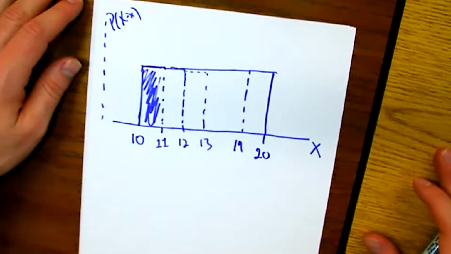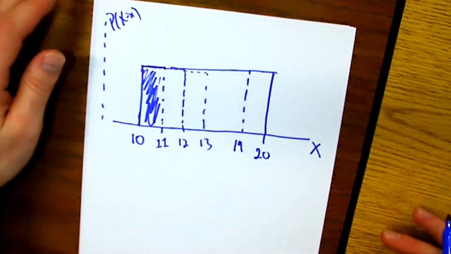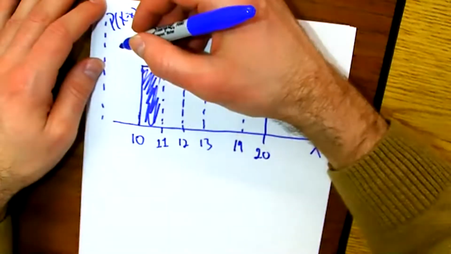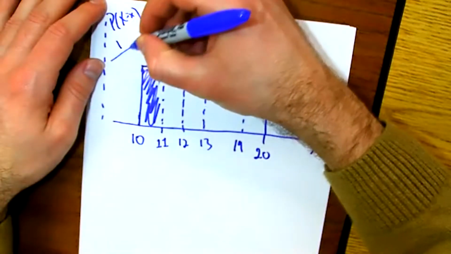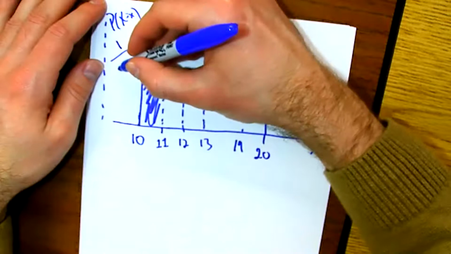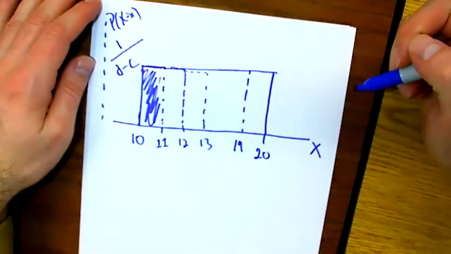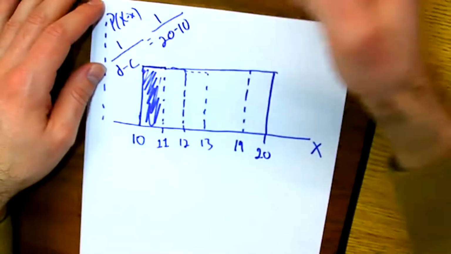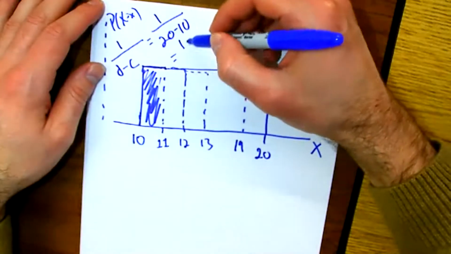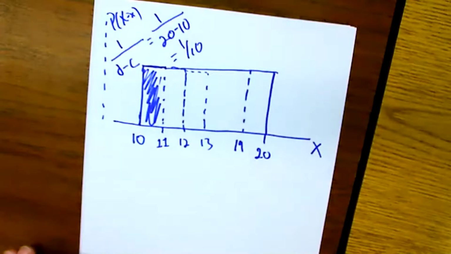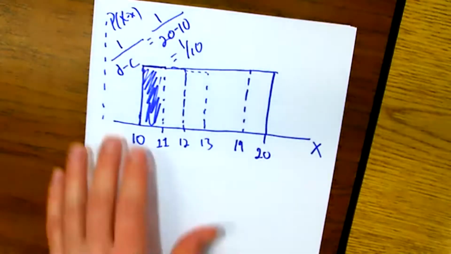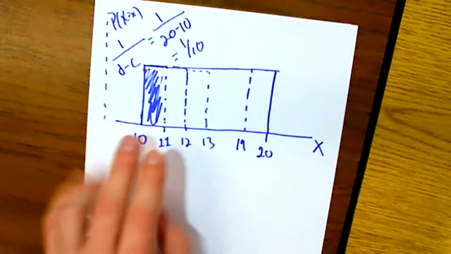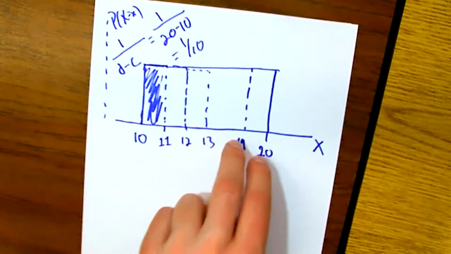Now, a more general form: that probability density function told us the height of this distribution will be 1 over d minus c, or in our scenario, 1 over 20 minus 10, or 1/10. So that's why, when we're finding intervals of size 1, each one has a probability of occurring of 1/10.